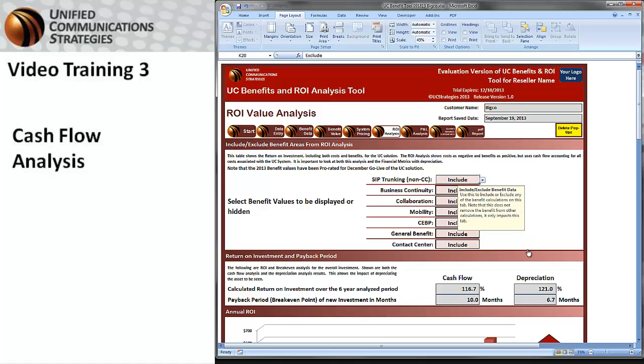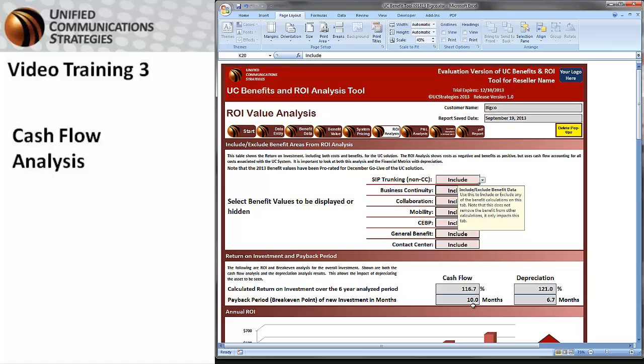So that's actually the output of this part of the tool, is a real analysis of the financial impact. So the first thing is the calculated return on investment over the 6-year analyzed period. So what percentage did the investment return over that period? And what you see is that it actually returned over the original investment in that 6-year period by a significant percentage, 116% return on investment.